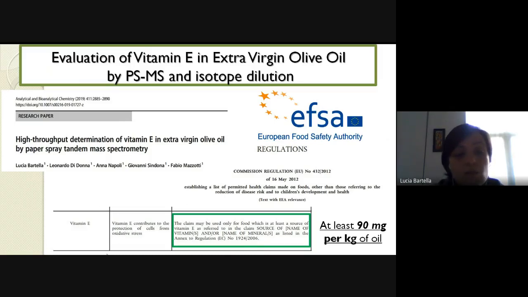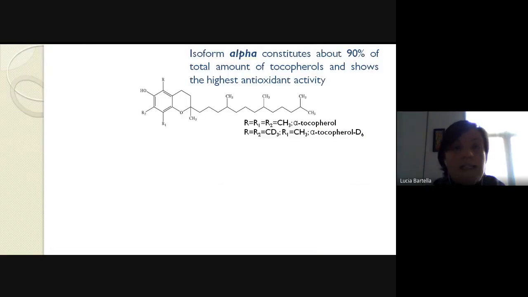Vitamin E contributes to the protection of cells from oxidative stress, and this health claim can be used only for an oil which contains at least 90 milligram per kilogram of oil.